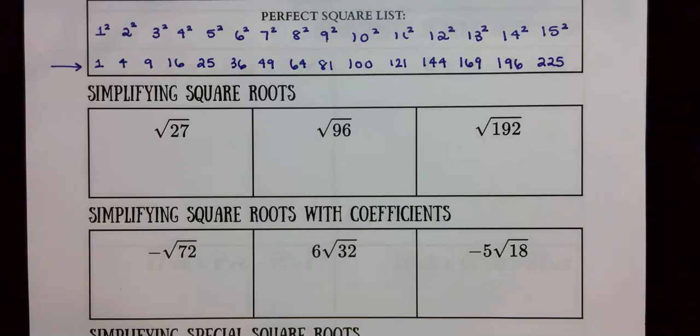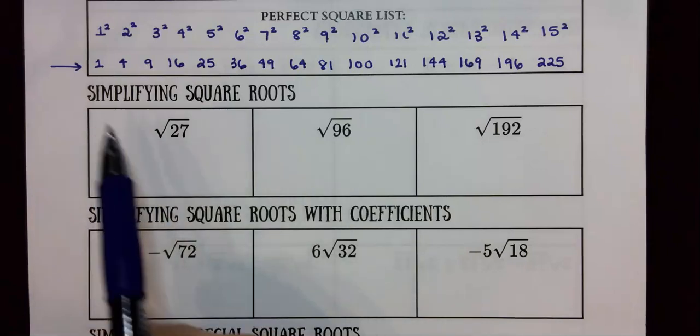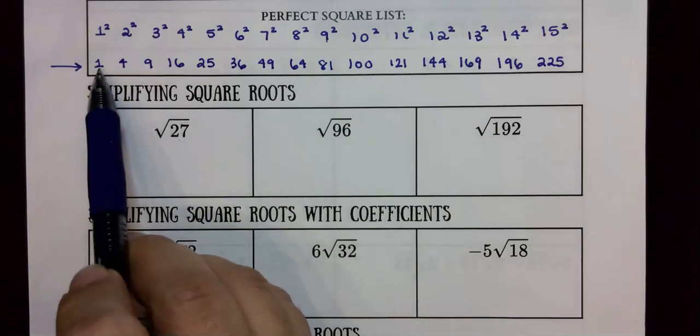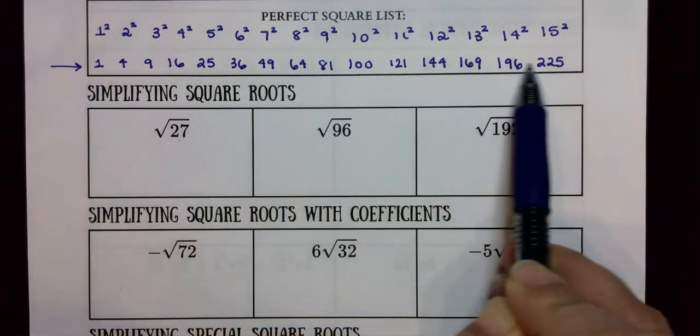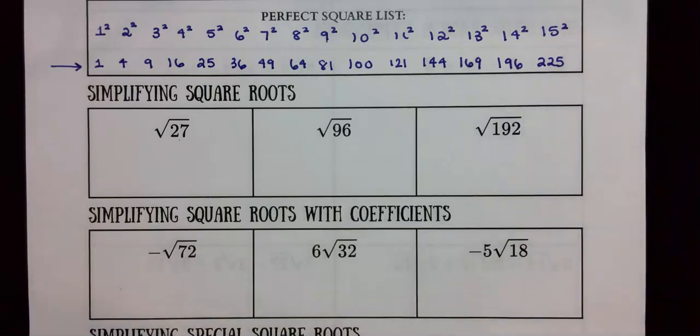The very first thing we want to do before any of these steps is make sure that the number underneath isn't already a perfect square. If you look at the number 27, you want to make sure it's not already on this list, because if it is, then all we have to do is figure out what number times itself would give us that particular number, and we're done.